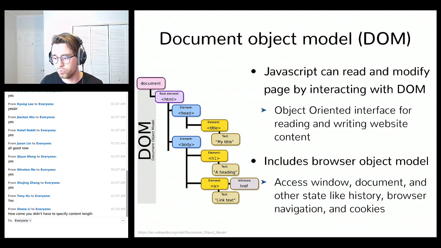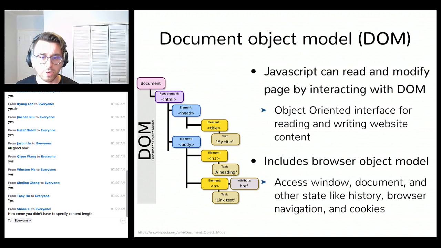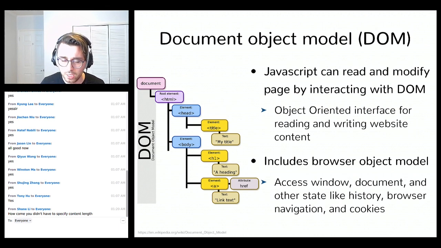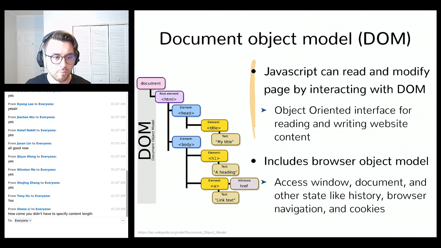Sometimes we need to even have local history information so that we know how to handle back and forward button clicks. And we might also want to be able to access windows of separate tabs or pop-ups that we've created. Most of the time, all we're going to care about is this DOM model, where we just have a bunch of JavaScript that lets us modify the page tree, and it looks something like the representation on the left.